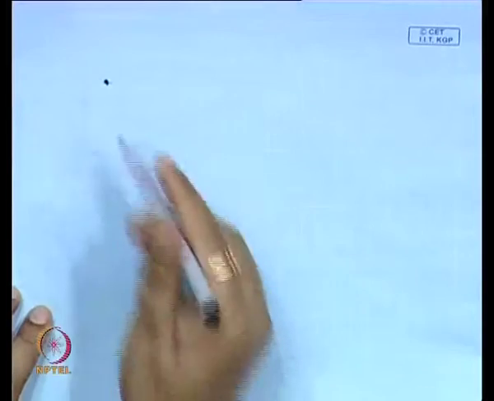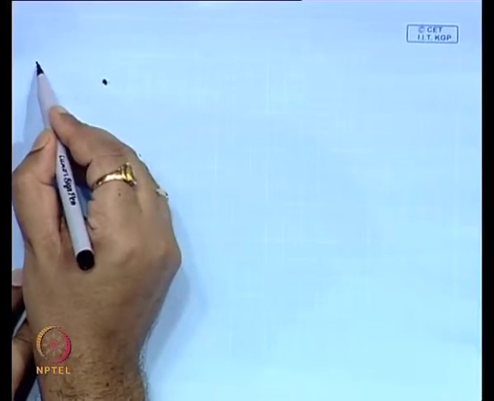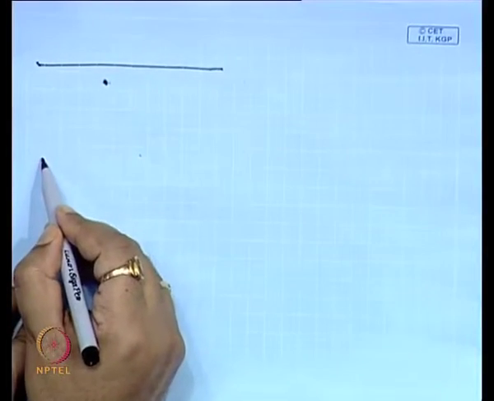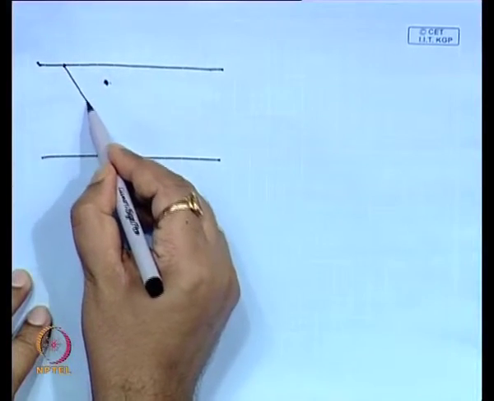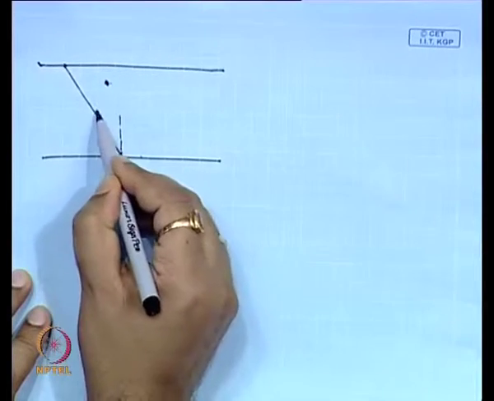Now, again if I draw this layer, suppose this is the source. So, this ray will travel in this fashion.